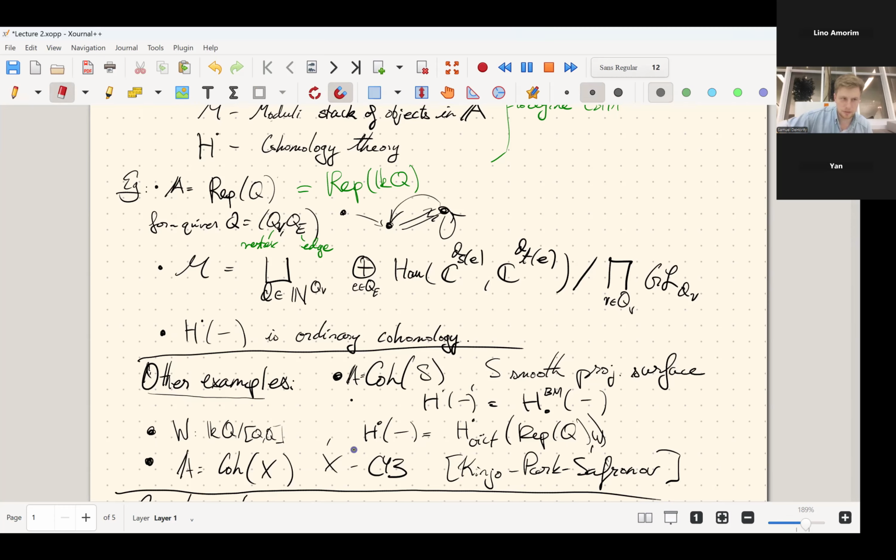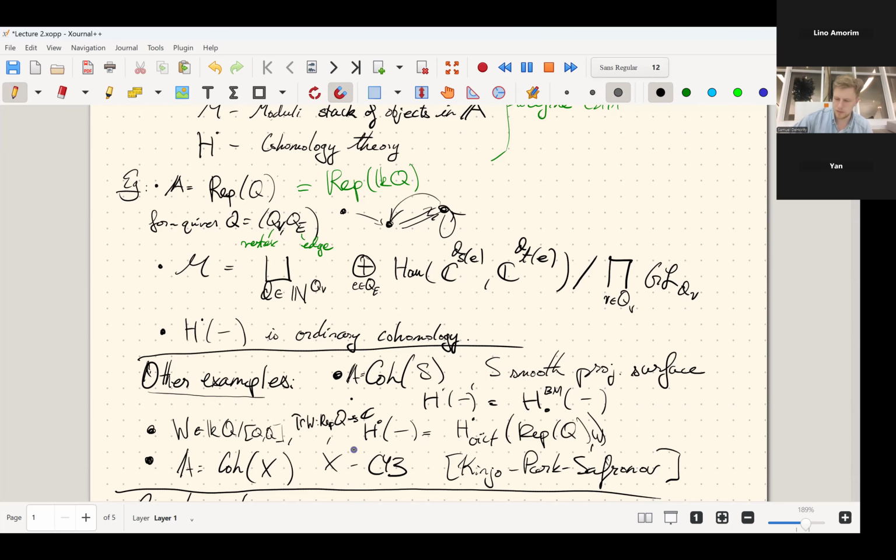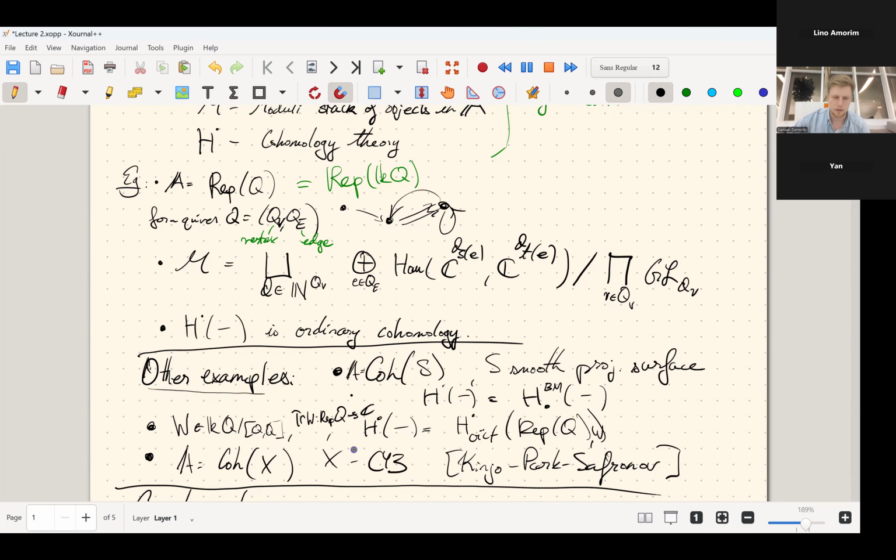So W is a potential that lives here, which gives a function trace of W, which goes from Rep of Q to C. Then we can do all of the same construction in critical cohomology. And we get the critical CoHA of this quiver with potential. This is an extremely important example because it's the local model for, in some sense, the most general class of examples, which is when we have an abelian category of coherent sheaves on a Calabi-Yau threefold.